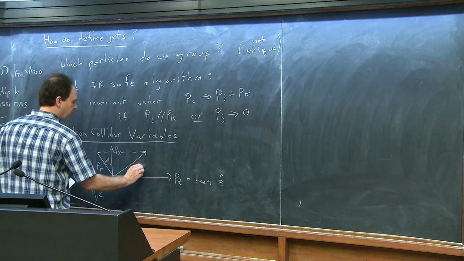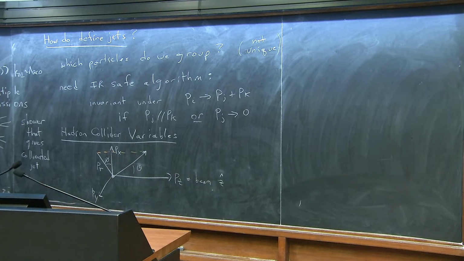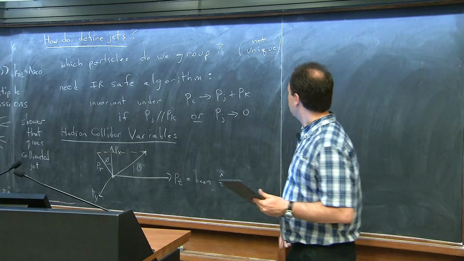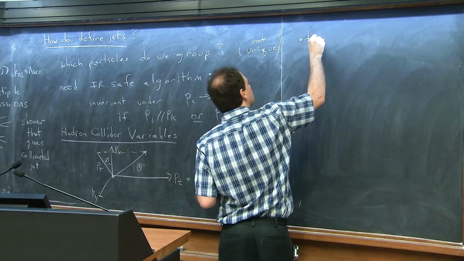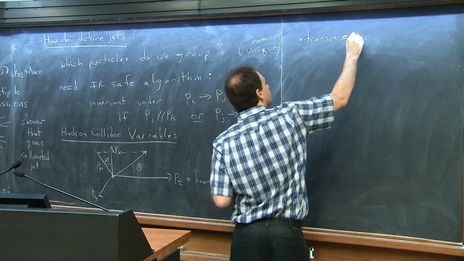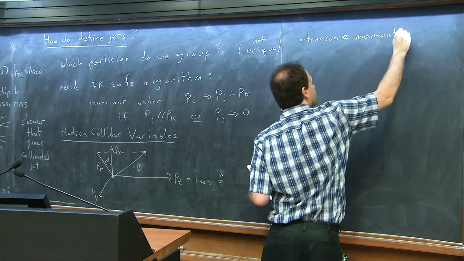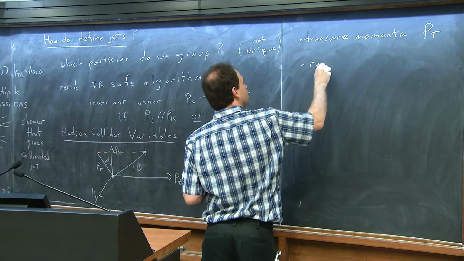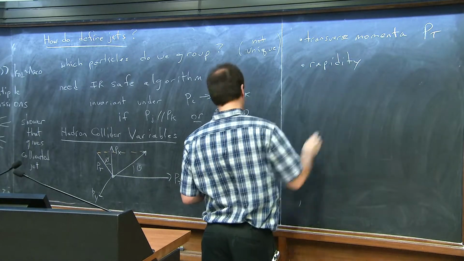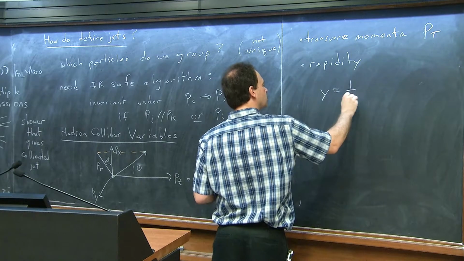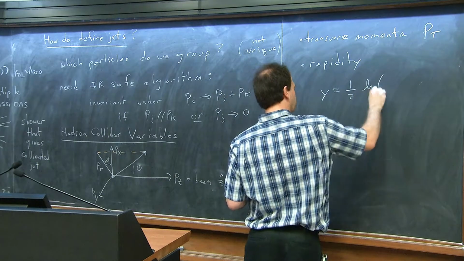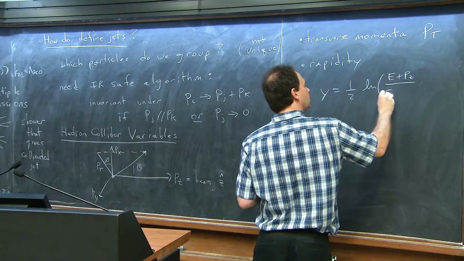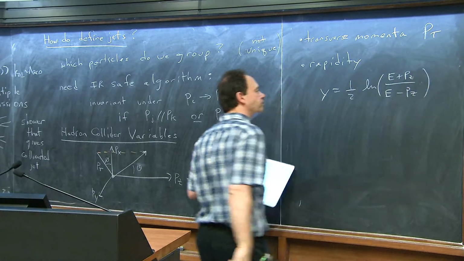And the other thing that we have is this theta here, but we actually don't like to use theta. We do like to use transverse momenta, so you often see descriptions of LHC processes in terms of pTs. The other variable we like to use is what's called rapidity. It's related to the angle, but it's defined in a different way, by this logarithm.